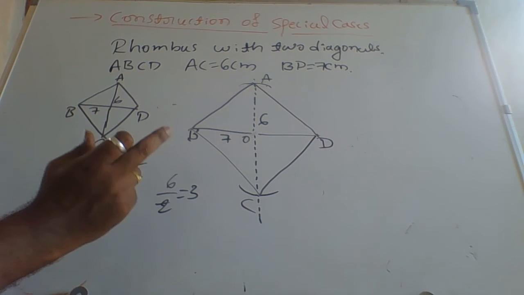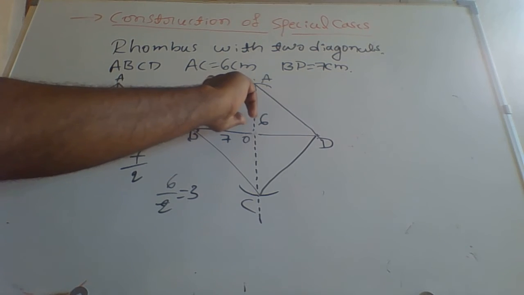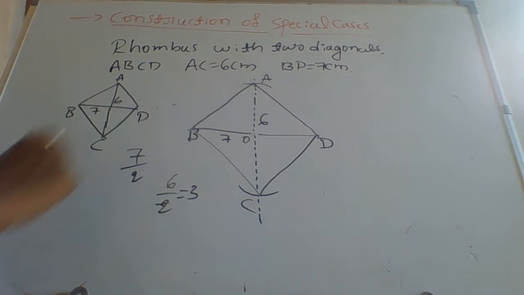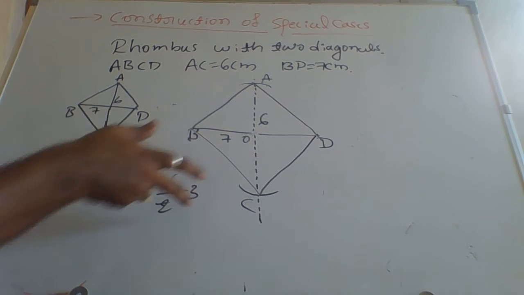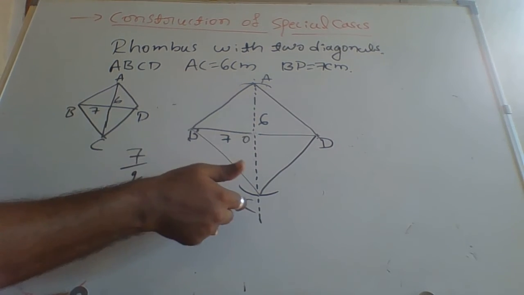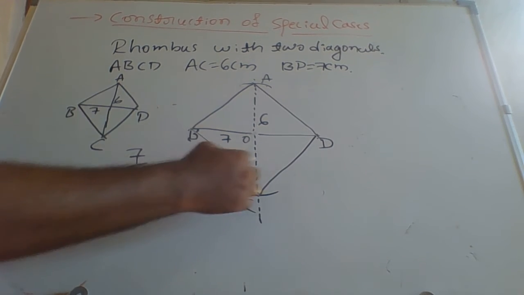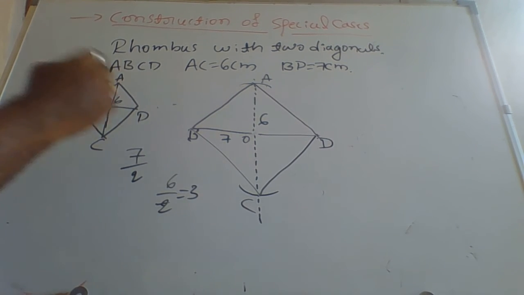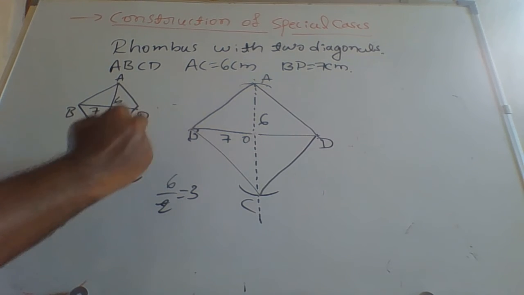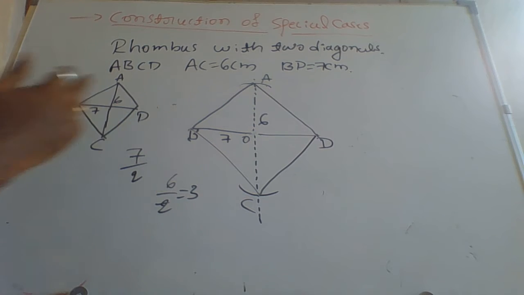I consider a length of 3 centimeters in the compass and draw an arc to get point A, and likewise from point O an arc to get point C. Now I join all the points. So I got the rhombus with two diagonals of length 6 centimeters and 7 centimeters.